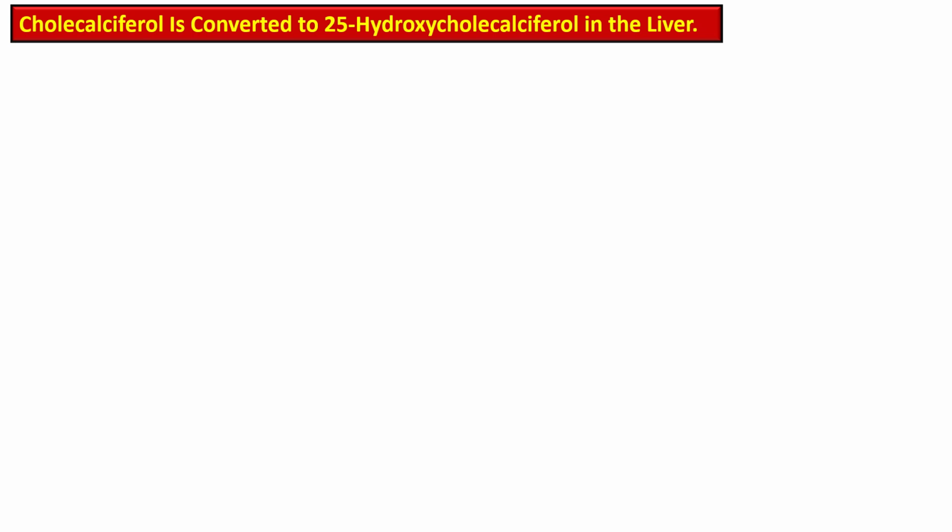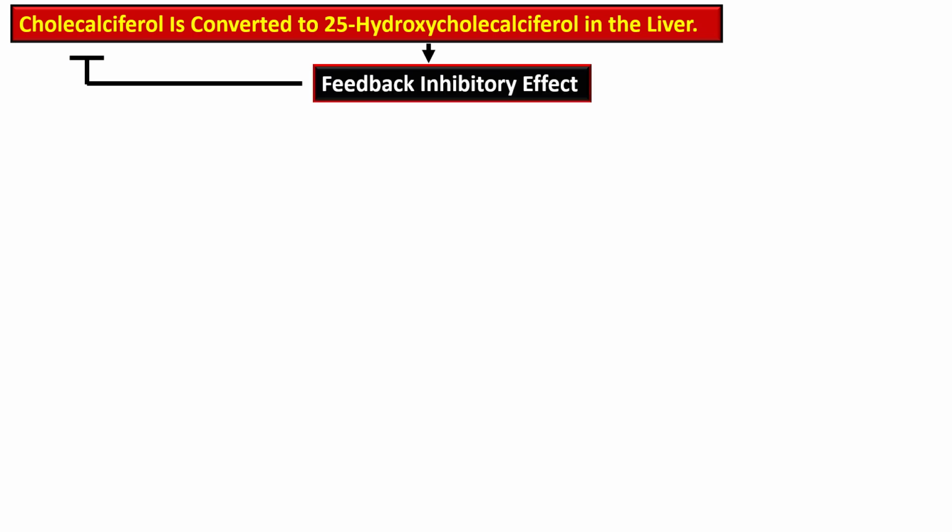So cholecalciferol is converted in the liver into 25-hydroxycholecalciferol, and there is a feedback inhibitory effect of this reaction. If the concentration of this increases, then it blocks the cholecalciferol conversion.